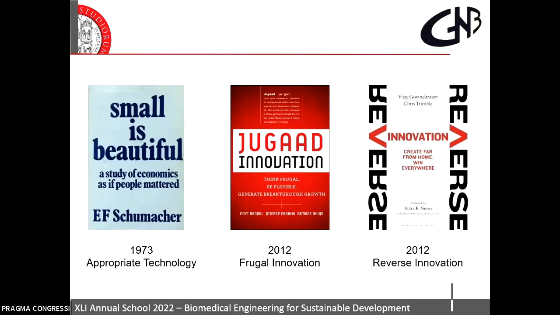I also have hard copies there, and I will put them here if someone wants to have a look. The first one is definitely not recent. You see, 1973, Small is Beautiful, and it put forward the concept of appropriate technology we are frequently using now.